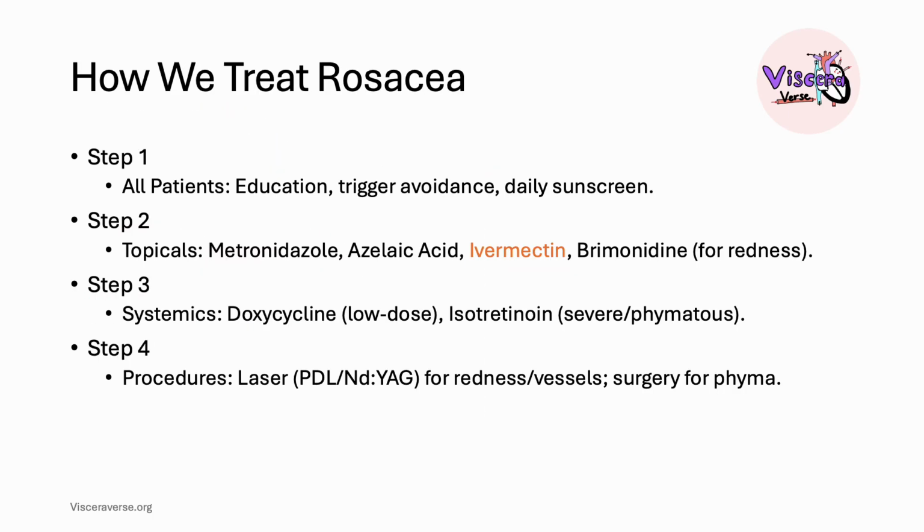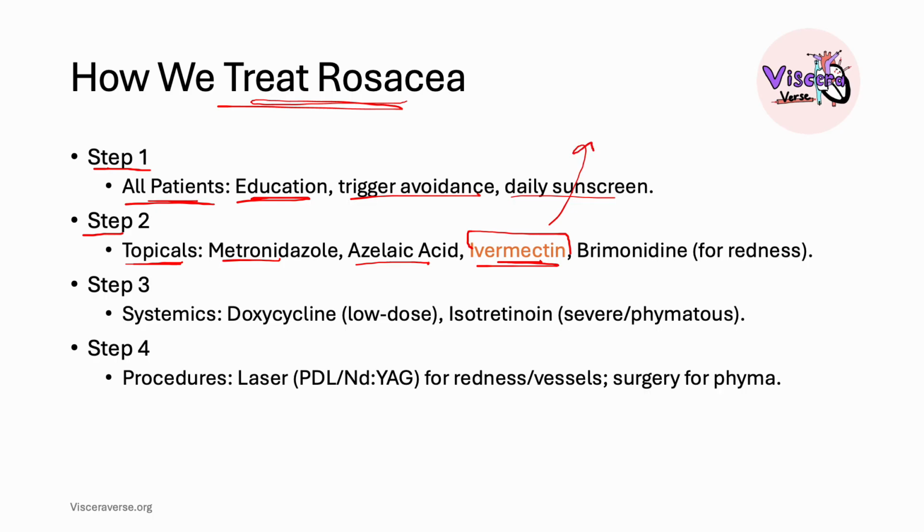Lastly, let's talk about the treatment of rosacea. Step 1, in all patients, it's important to educate them, trigger avoidance, and daily sunscreen. Step 2 is topical drugs, including metronidazole, azelaic acid, ivermectin, and this is especially important because it kills the Demodex mites. Another important drug here is brimonidine.